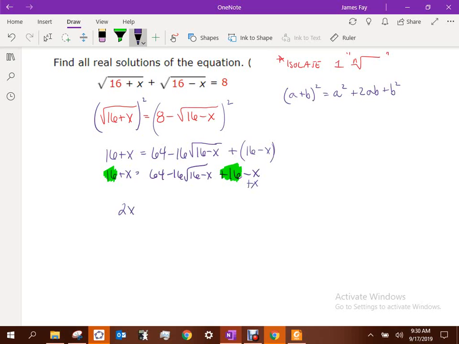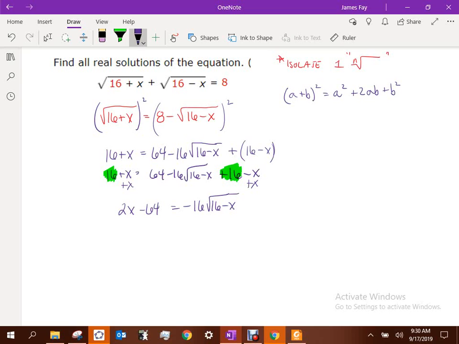Add that x to both sides. I'm going to move that 64 over. It's going to leave me negative 16 and then root 16 minus x. So I isolate the radical here, right?